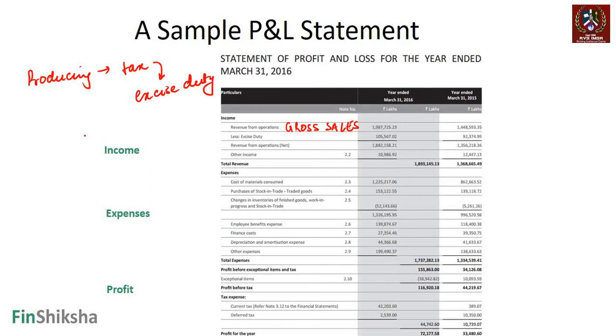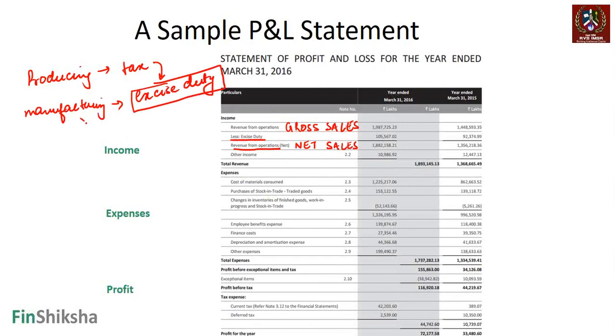If you are a manufacturing firm, you manufacture something. The moment something comes out of the factory, there is an excise duty that is put up. That's an ex-factory item. So you remove that because this has gone to the government as an expense. What is remaining is net revenue from operations. So this is the net sales value.